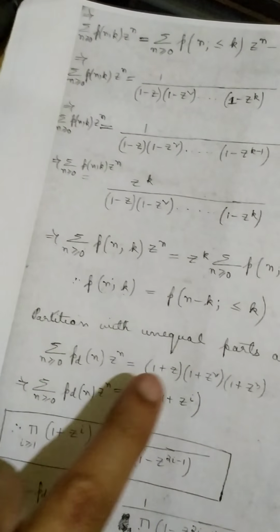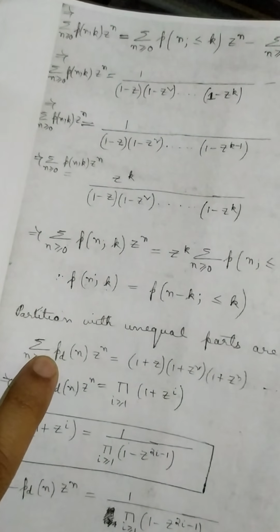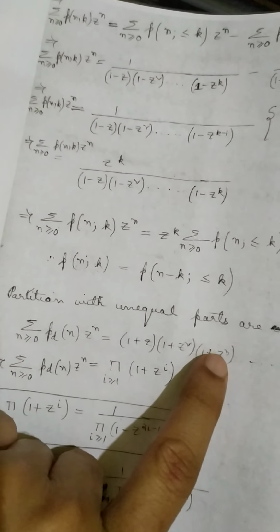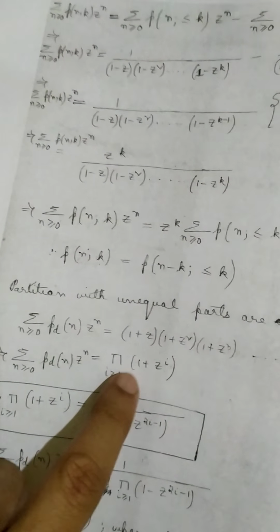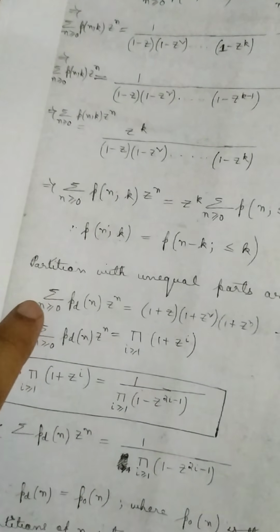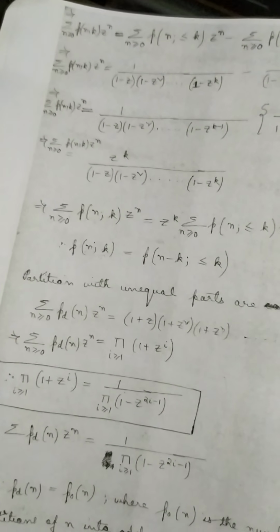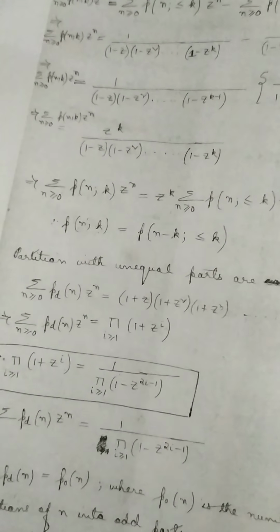Therefore this product can be written with a summation sign, as the product over i greater than or equal to 1 of (1 plus z to the power i). This we have already discussed in our last class.